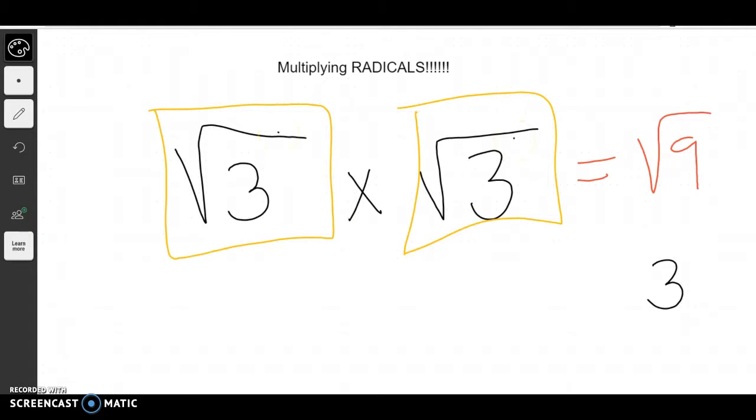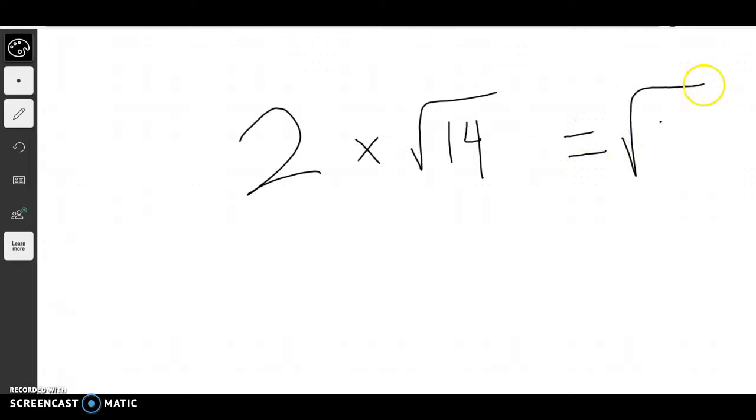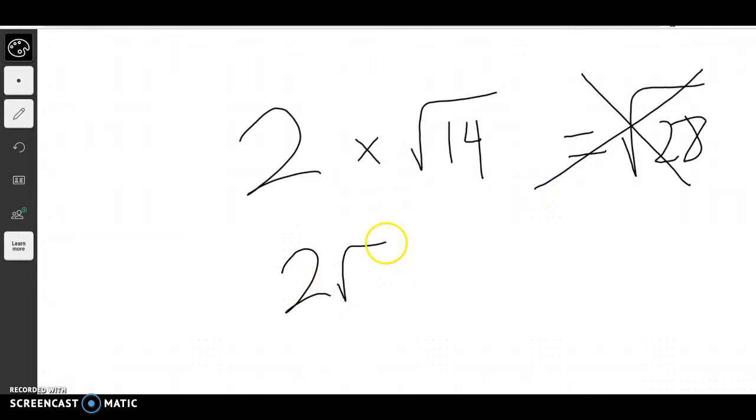Now here's something that I have to make sure that you don't do. If you say that 2 times radical 14 is radical 28, you are dead wrong. That does not work. 2 times radical 14 is 2 times radical 14. The reason I can't multiply them is radical 14 is not a nice whole number.